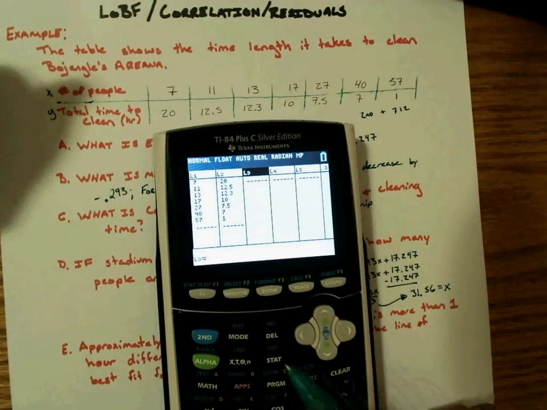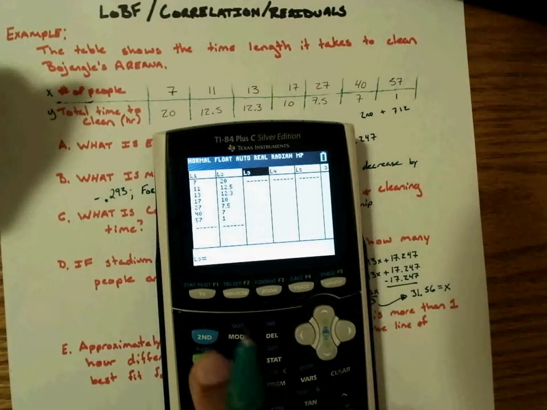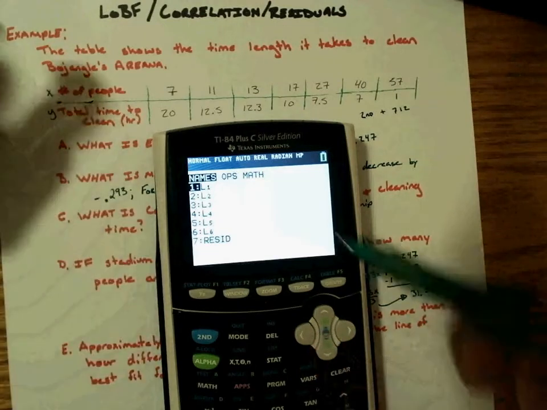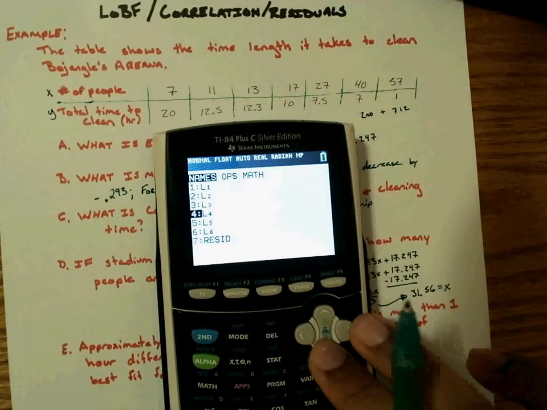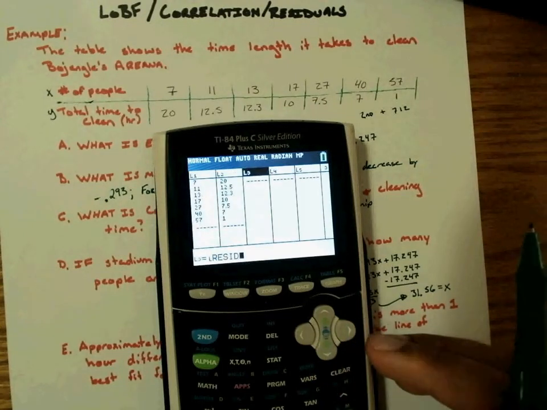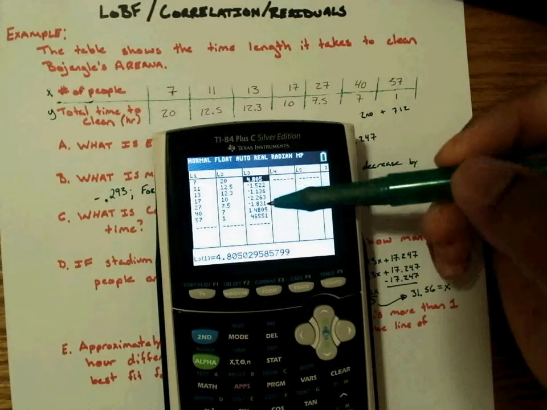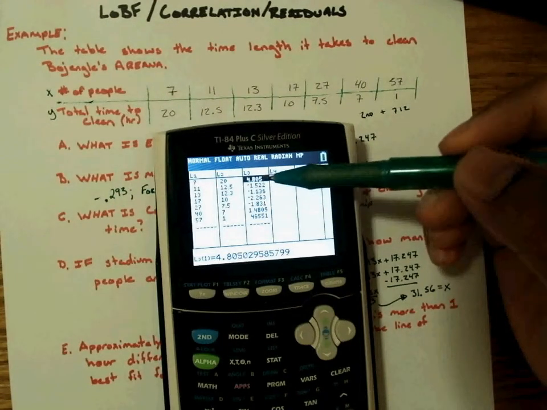Once you have L3 highlighted, we need to go to List. See here how it's in blue? To get the blue words, you have to hit the second key. So I'm going to hit second, and then List, and then RESID stands for residual. I'm going to go down to residual, and then I just press enter, and then all this is my residual.